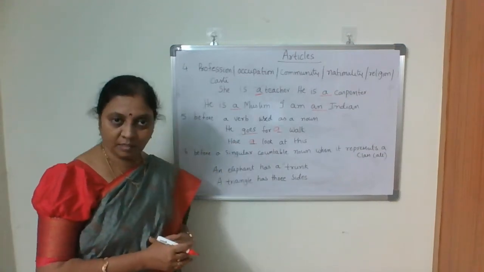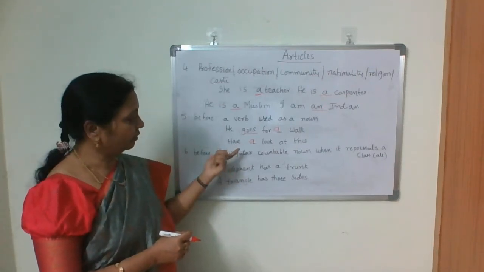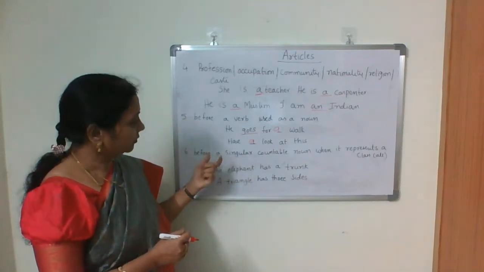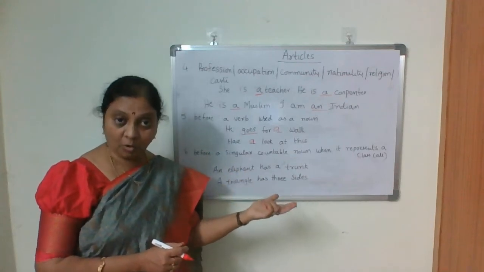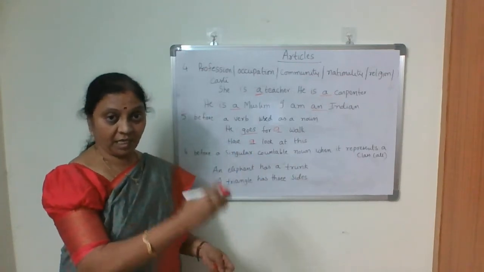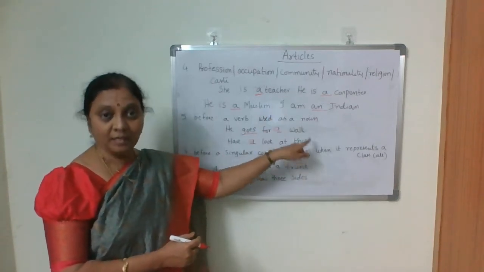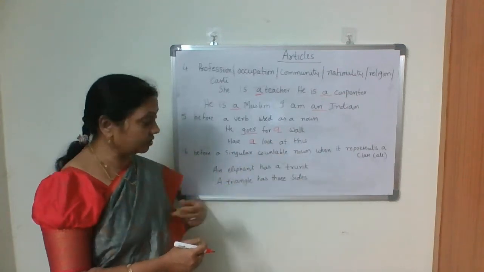Have a look. Make a noise. In a hurry. He gave a talk on so and so topic. Gave and talk are both verbs, but talk is made a noun. He gave a talk, he gave a lecture.